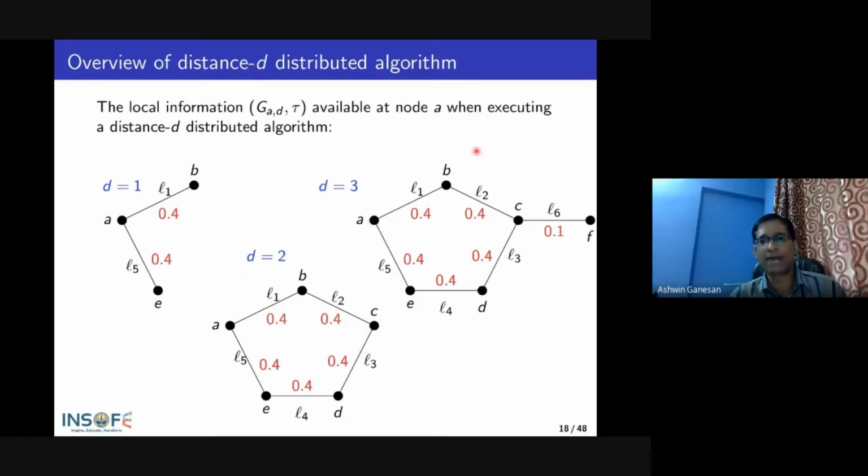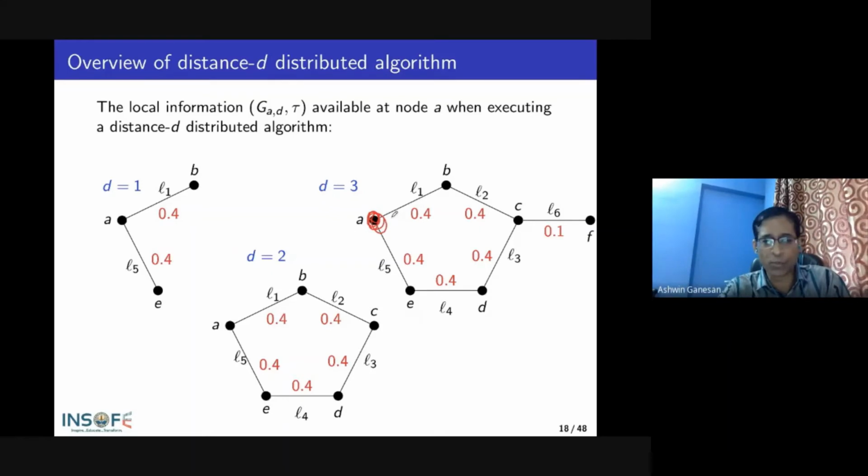If this is your graph of your network, let's look at node A. Let's look at the one-hop neighborhood centered at node A. That means you take all the vertices whose distance to node A is less than or equal to 1, and you take the subgraph of the graph G induced by those vertices, and you get this graph. So this graph is the one-hop neighborhood centered at node A.